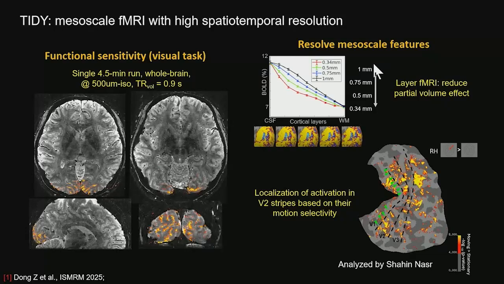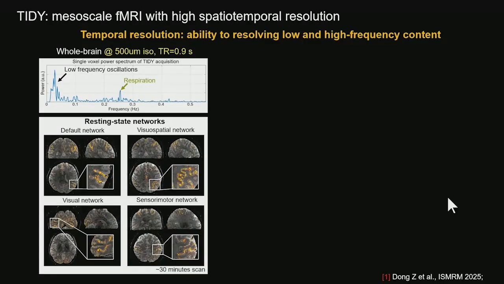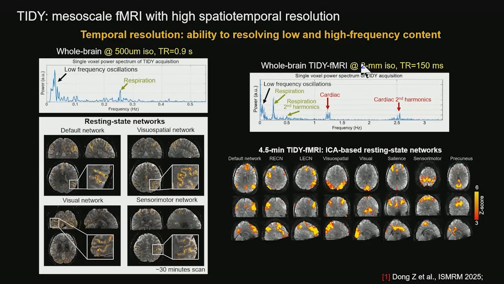We'll show how increasing the spatial resolution can reduce partial volume effects even in the gradient echo contrast, as well as the capability to resolve other mesoscopic features like the V2 stripes. Finally, we'll show how, at 500 micron, we get a pretty short TR that can resolve respiration and look at good resting-state networks, as well as this 2 mm isotropic protocol.